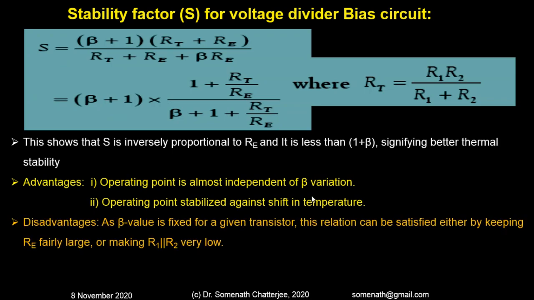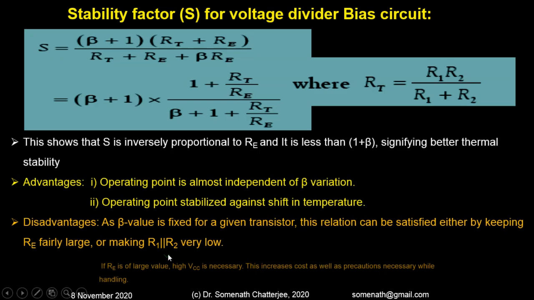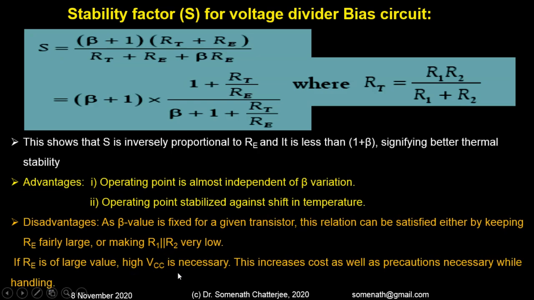What are the disadvantages of this? The beta value is fixed for a given transistor. So this relation can be satisfied either by keeping RE fairly large or by making R1 R2 very low. That is again the same as the collector to base bias we discussed so far. Another thing is that if RE is of large value, then a high VCC is necessary, which increases the cost as well as the precautions necessary.